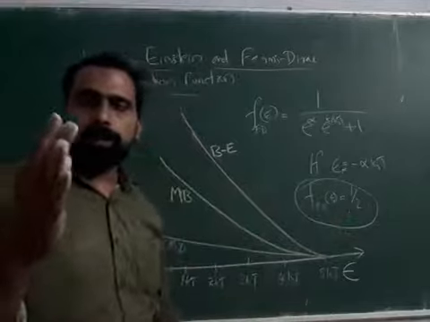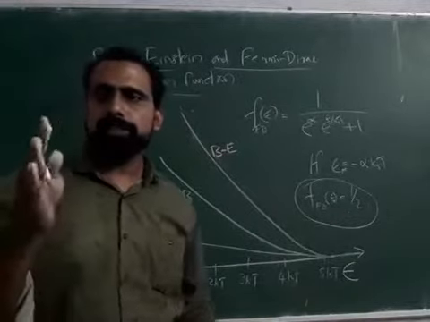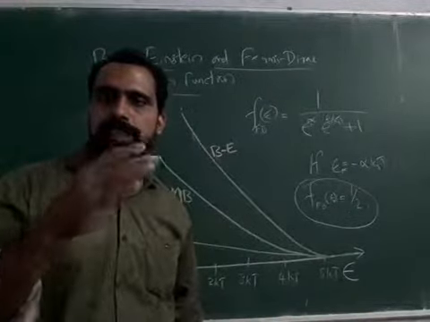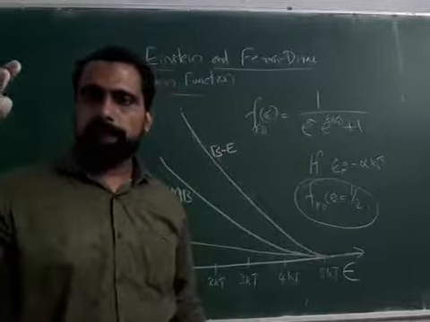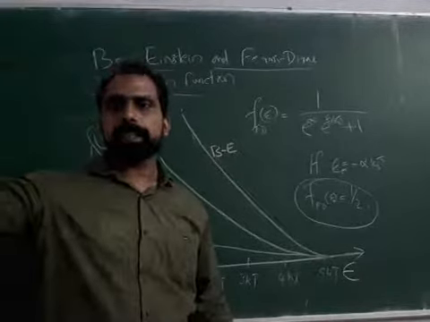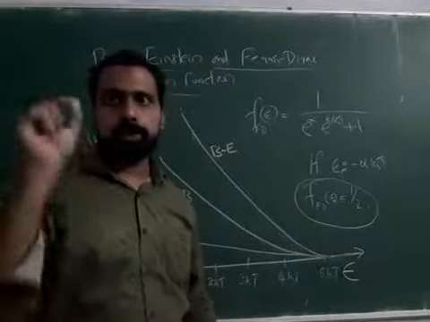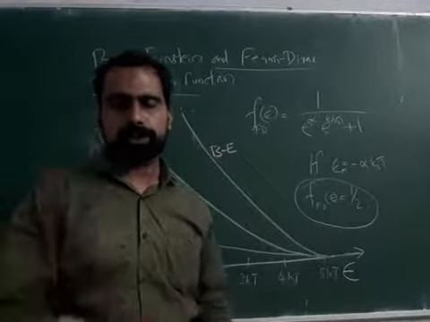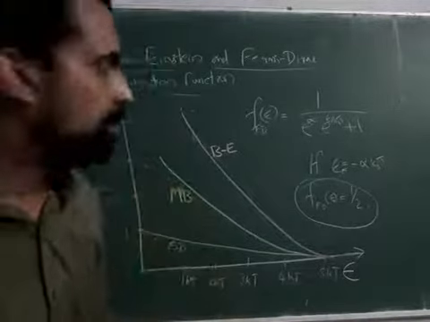Now we will look at the system where the energy is less than epsilon F and greater than epsilon F at absolute 0. That we have to see. Okay, so we will look at it.